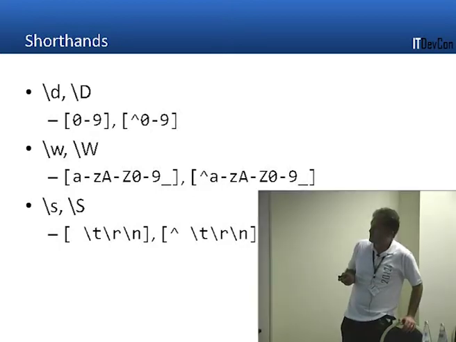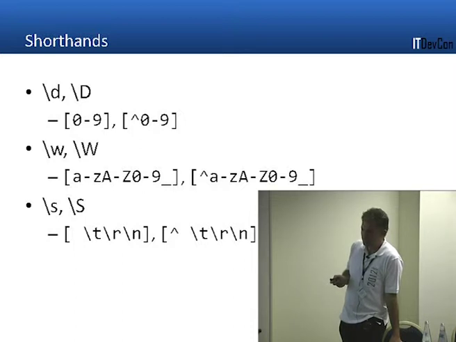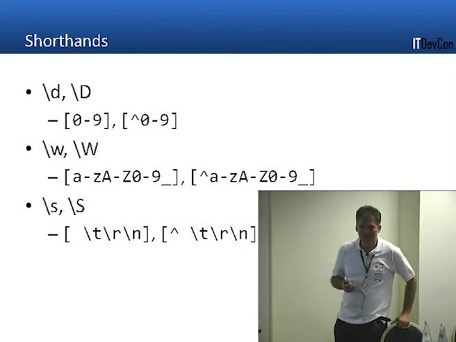You can use \d to specify any digit, or \D to specify not a digit. You can use \w to specify word characters or \W for not word characters, where word is really a list of characters that are usually valid identifier names.